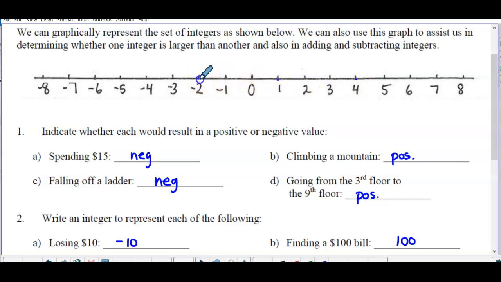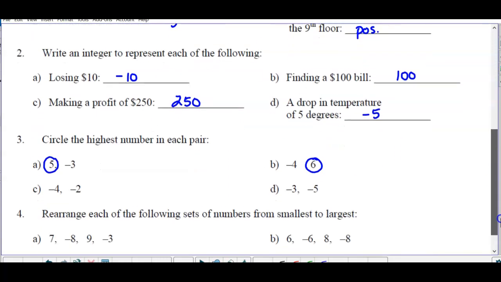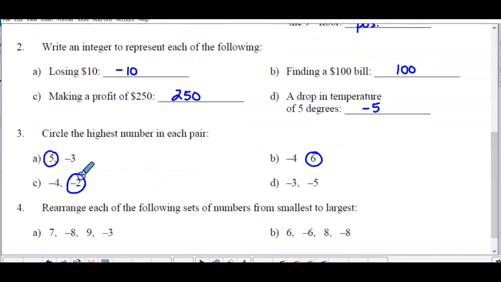So if we're comparing -2 and -4, -2 is to the right of -4, so it is the highest number. Also you could think about money. If you're in debt $4, or you're in debt $2, it's better to be in debt only $2. Okay, you don't have quite as much to pay back.